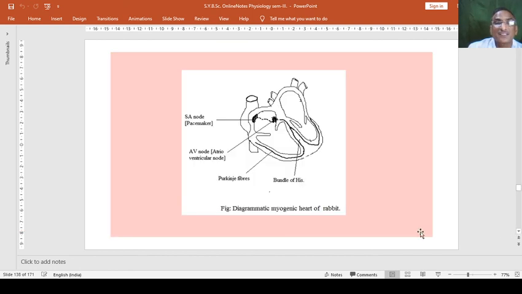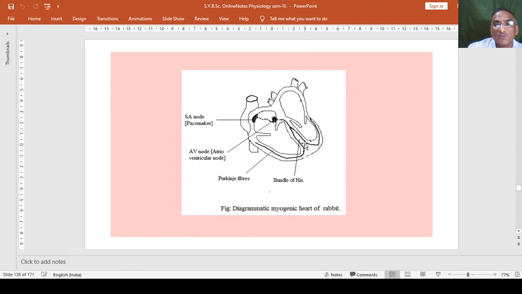Next, let us see the diagrammatic myogenic heart of a rabbit. The rabbit shows this type of myogenic heart. This is the SA node, generally known as the pacemaker. Then the AV node, auriculoventricular or atrioventricular node. Then the Purkinje fibers, present at the ventricular lower end.